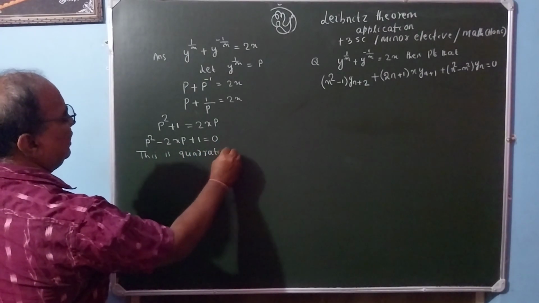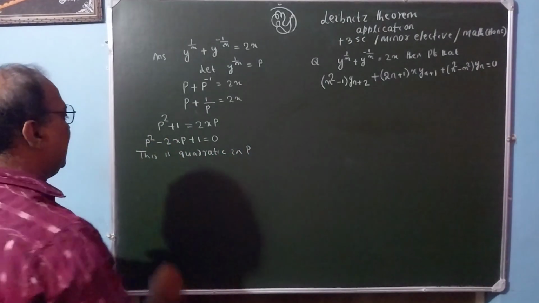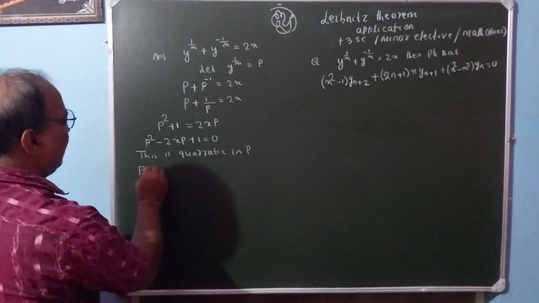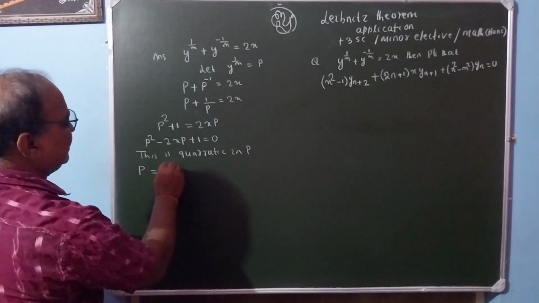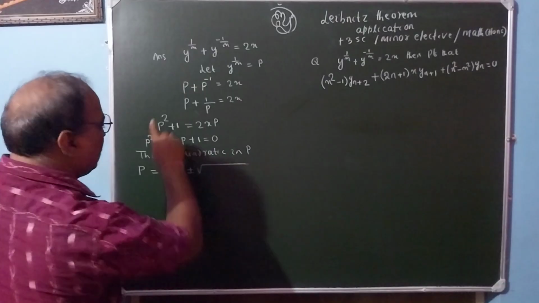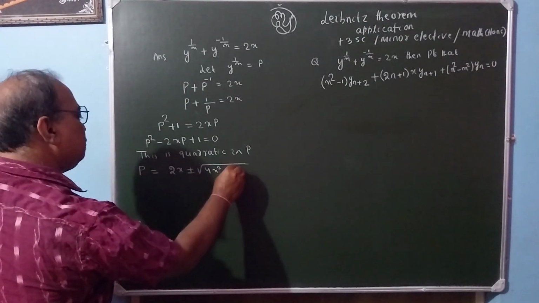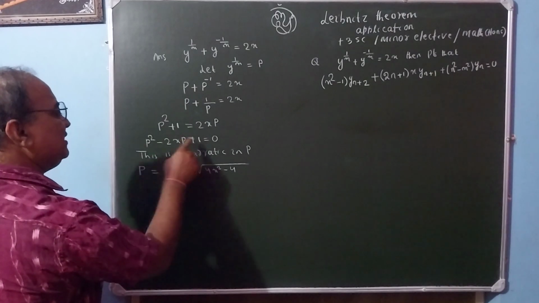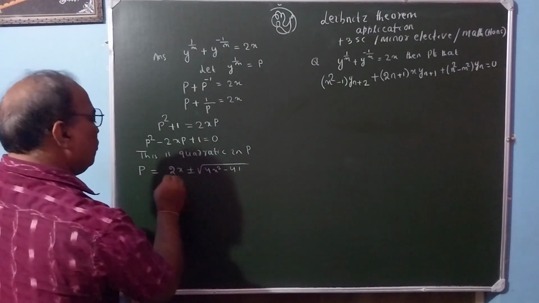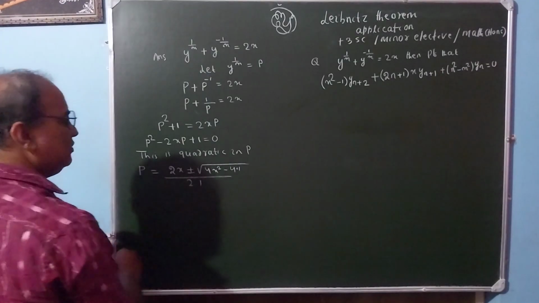Applying the Sridharacharya formula, p is equal to minus b, which is 2x, plus minus root over b square, which is 4x square, minus 4ac. A is 1, c is also 1, so 4 into 1, divided by 2 into 1.